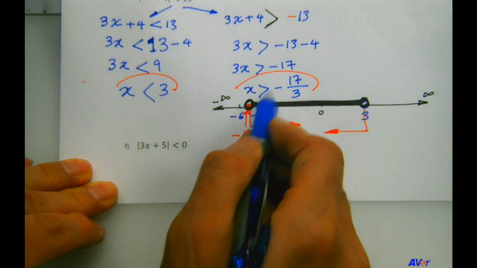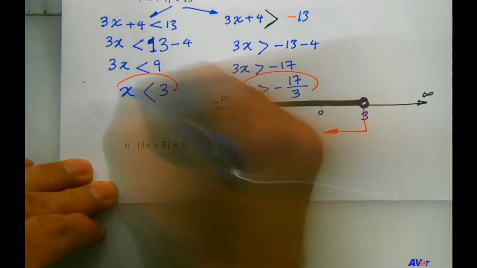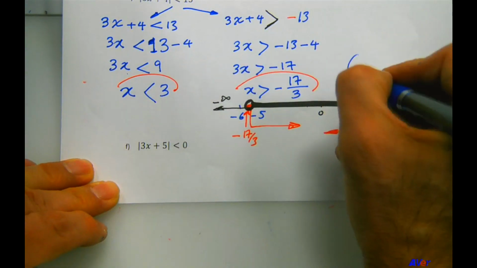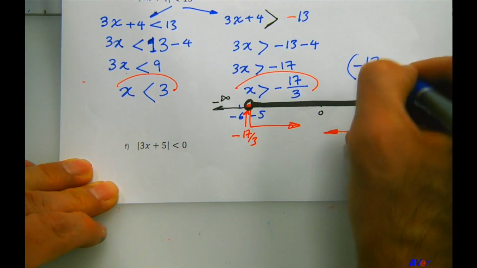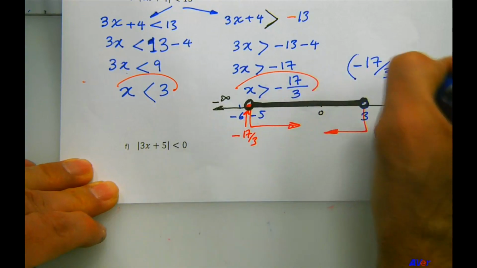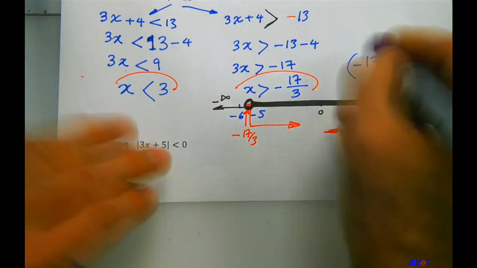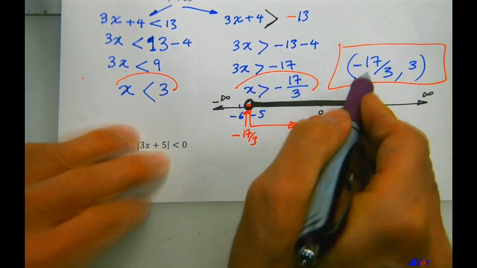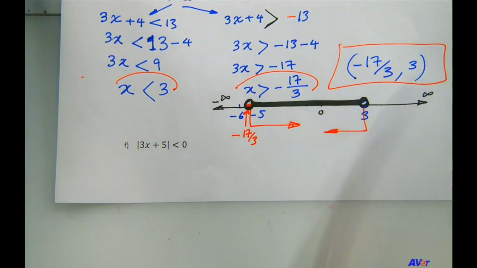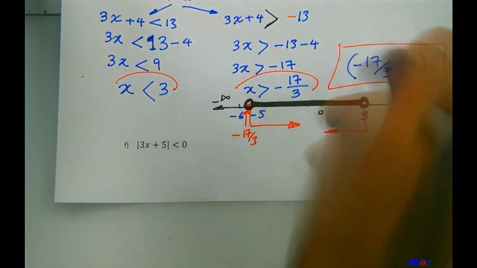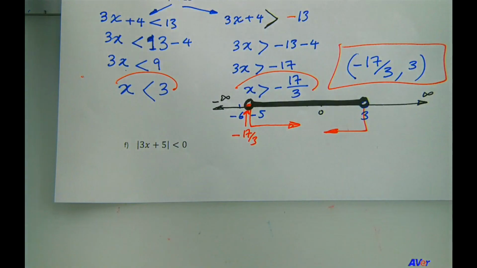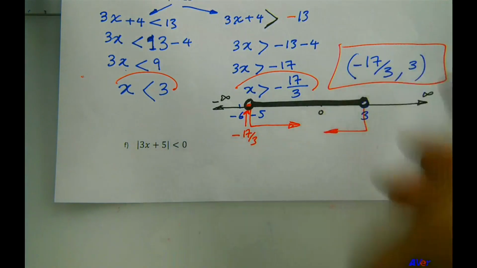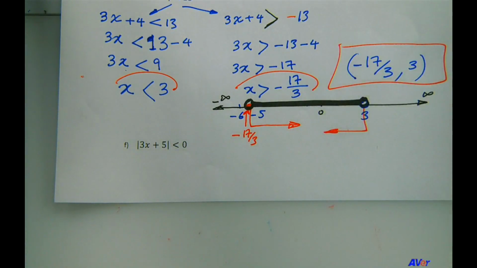There's no equality symbol under these two symbols. So we have parenthesis, negative 17 over 3, comma 3, close parentheses. So the smaller number always comes first, comma, the larger number. The smaller number being the negative number. Okay, negative number first, then comma, the positive number.